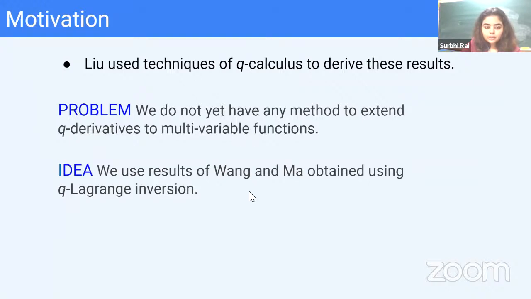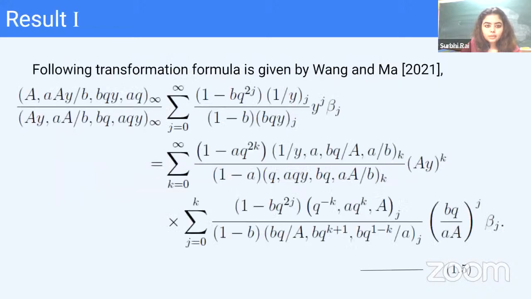So we look at the results of Wang and Ma, which happen to be a kind of generalization of the results of Liu, which we just saw. So this is result one. In this particular result, we have an infinite summation on the left-hand side and a double summation on the right-hand side.